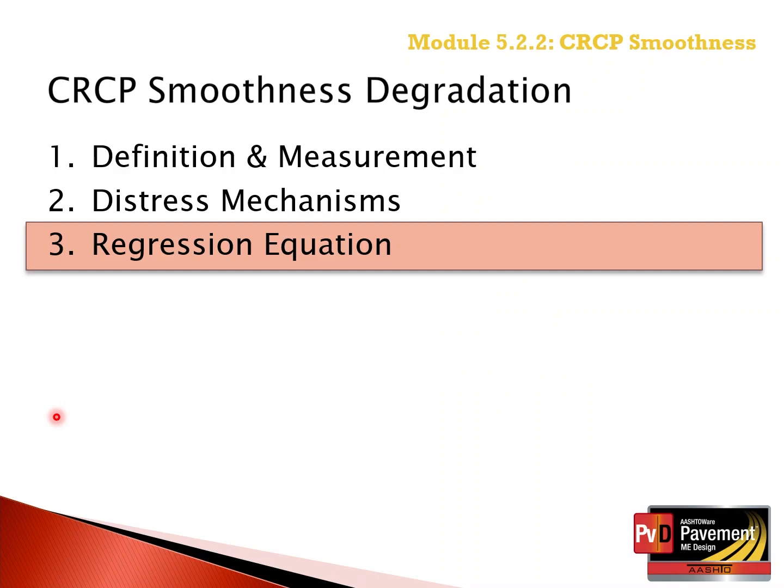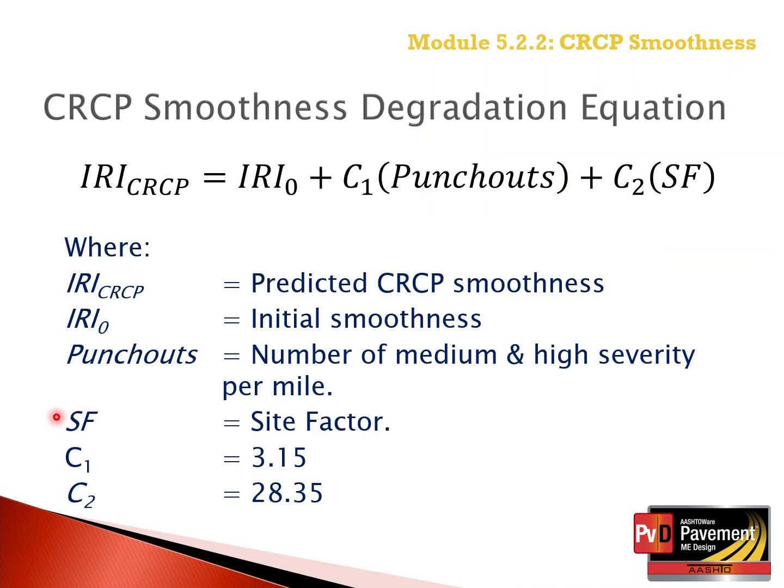Next is to present and discuss the regression equation for calculating IRI throughout the design period based on that design premise, but focused on CRCP. For CRCP, the only distress included in the regression equation for calculating IRI over time is the number of punch-outs per mile.